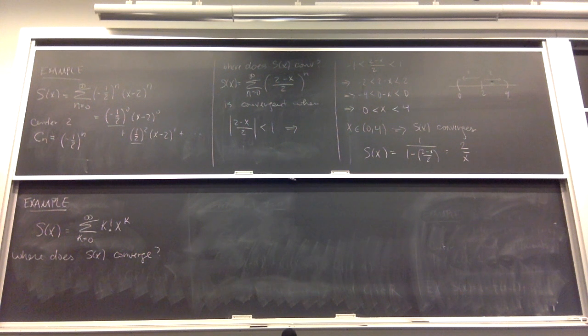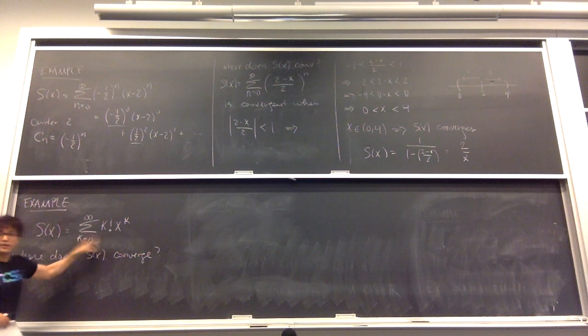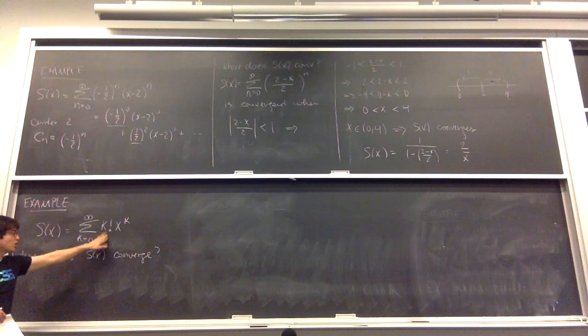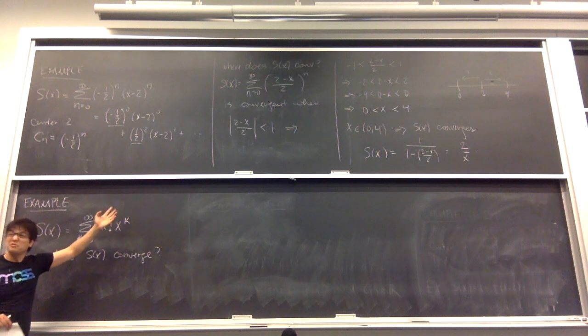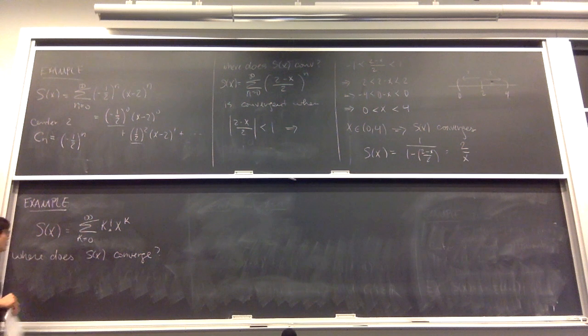So what do we usually revert to when we see factorials? The ratio test. When you see factorials, you should think ratio, because the ratio is going to help us eliminate these. Don't get lured by that power of k. The ratio test will also deal with these powers of k. So the ratio test is normally your better bet, especially when you see factorials.